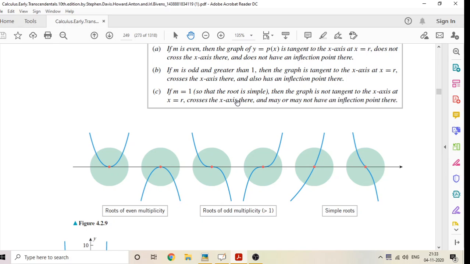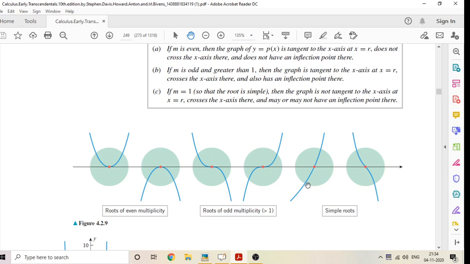That is the case when you have a simple root. Whether it is an inflection point or not depends on the entire function. So the x-axis will not be a tangent, and it will cross the axis, and it may or may not have an inflection point. So this is the form of the graph.